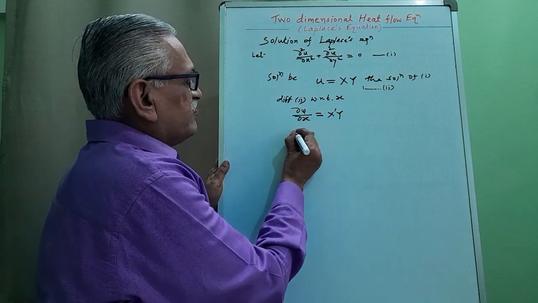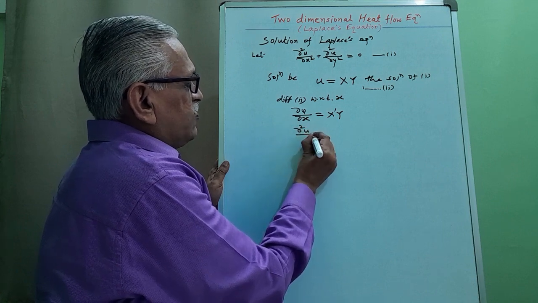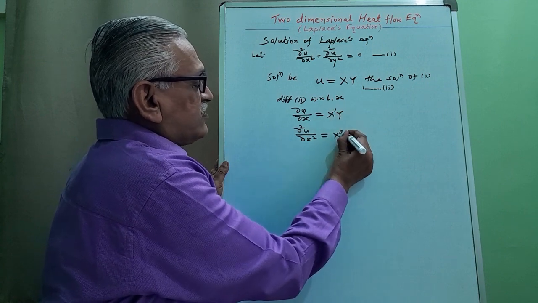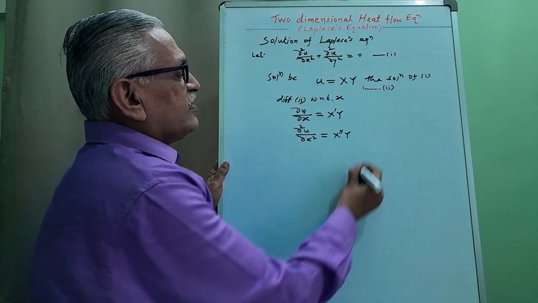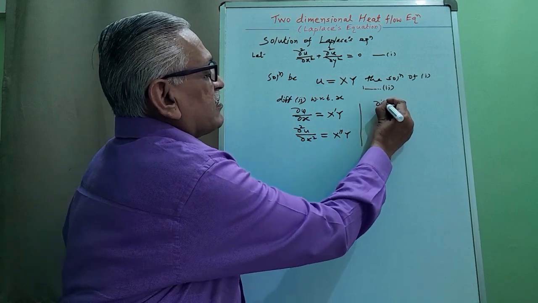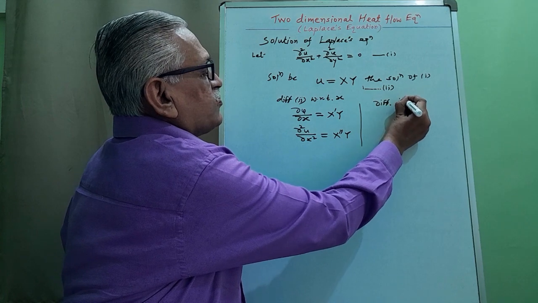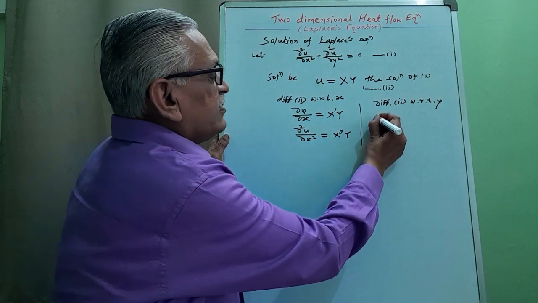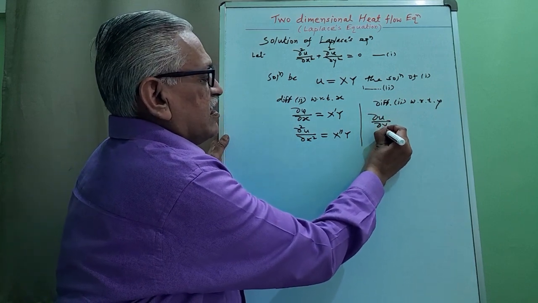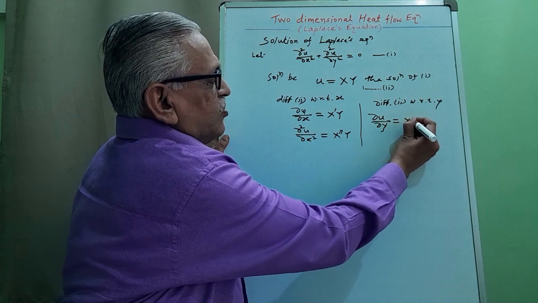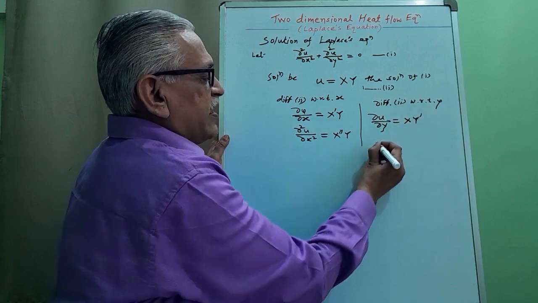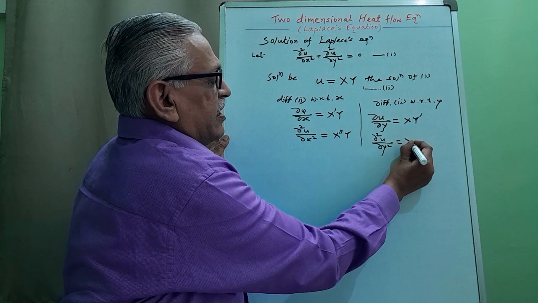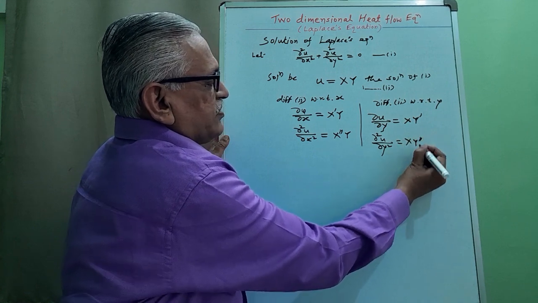Again differentiating, we get ∂²u/∂x² as X double dash, the next derivative of X dash, into Y. Then differentiating equation 2 with respect to y, keeping X constant, we get ∂u/∂y as X constant outside, derivative of Y is Y dash. Again differentiating, we get ∂²u/∂y² as X into Y double dash.